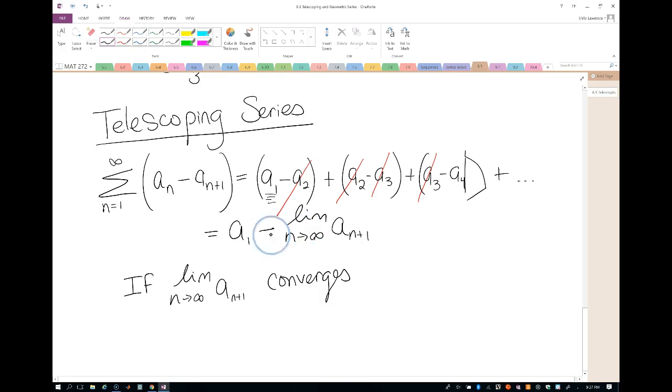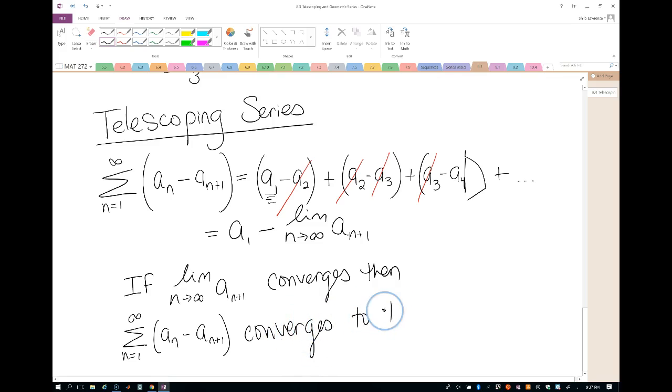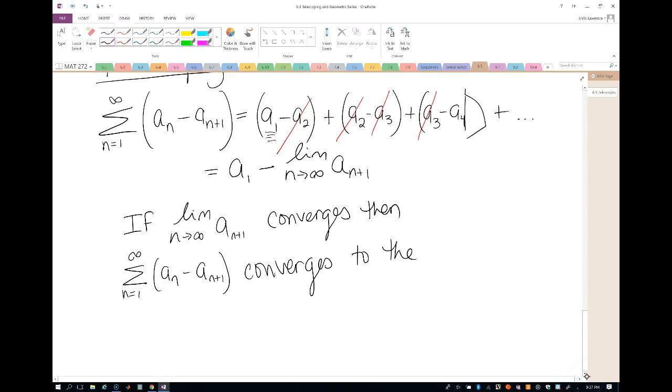And then if that's true, we'll be able to do that subtraction and get a finite answer. So if that limit converges, then our series is going to converge. And the sum is going to be that expression I just wrote above.